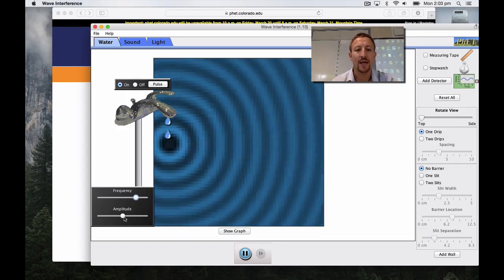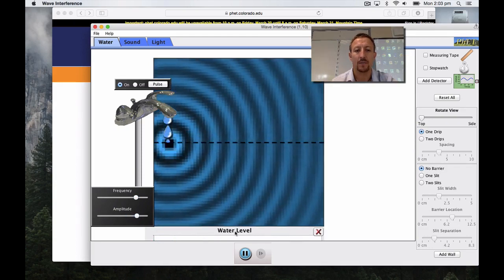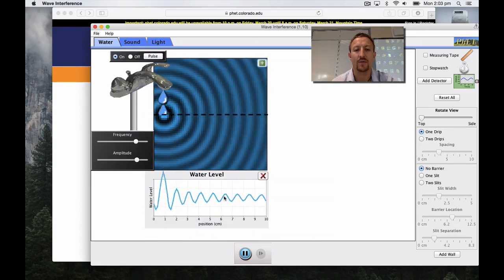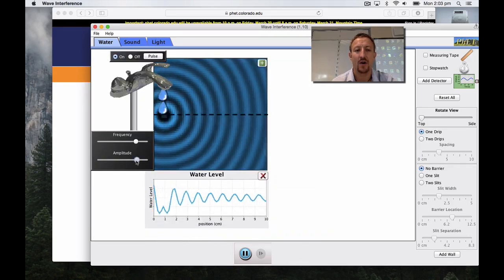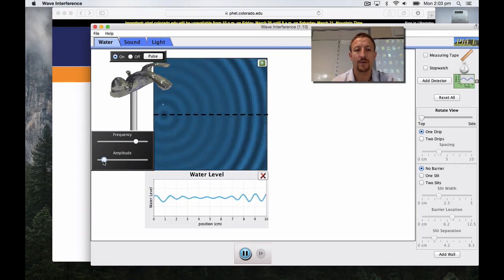I can also increase the amplitude of the wave. If I look at my graph, you can see the wave being generated with the amplitude. The more I put it up, the bigger the wave, and as I pull it down, the smaller the wave. So you get a rough idea as to how it works.